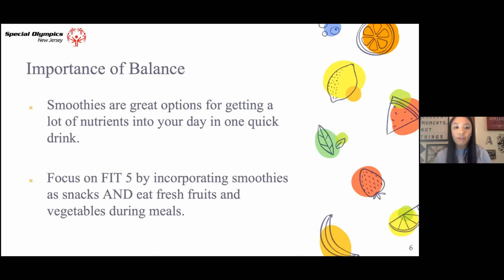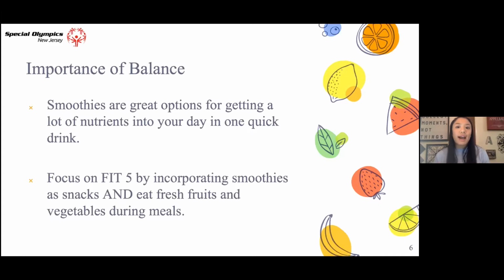If we all remember Fit 5 in terms of nutrition, it means getting 5 different fruits and 5 different vegetables into our day. As much as we could probably do that with one smoothie, it is also important for us to be getting those vegetables and fruits into our diet through other means.